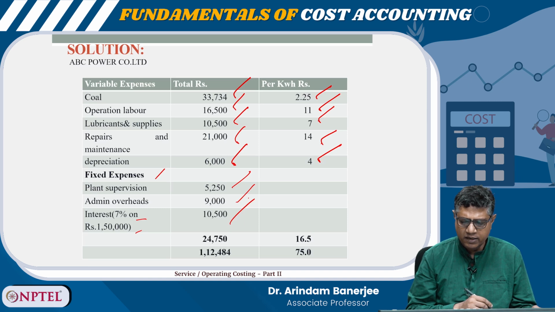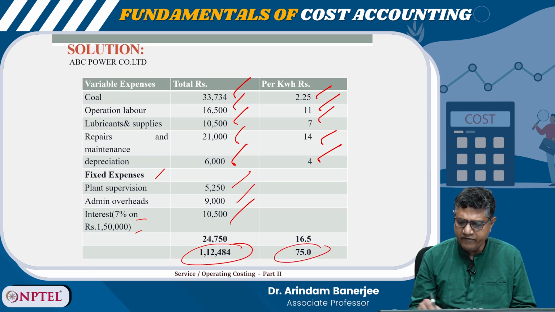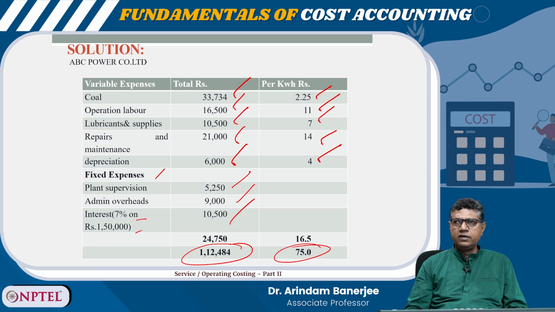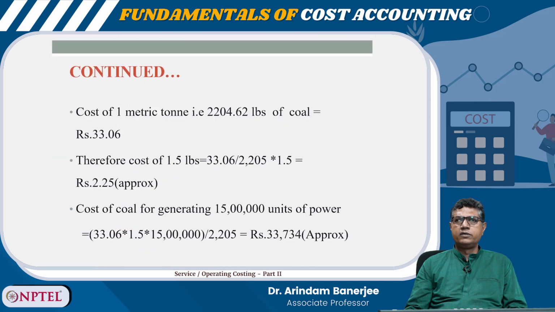So now if you add this total, you will get 1,12,484, right, which is coming to 75 per unit, right. 16.5 is the variable cost per kilowatt hour, and 75 rupees is the total unit cost per kilowatt hour.